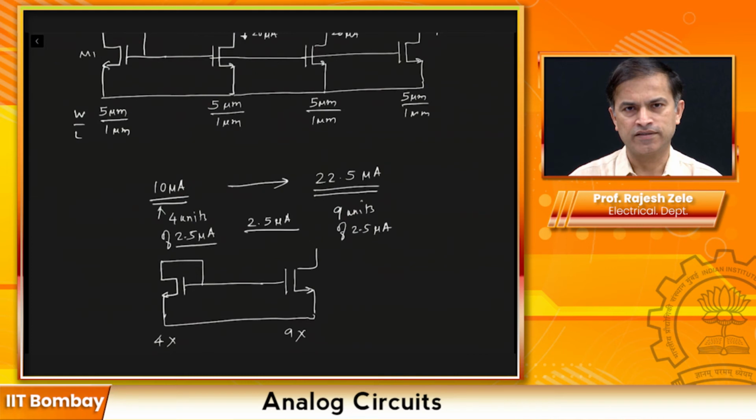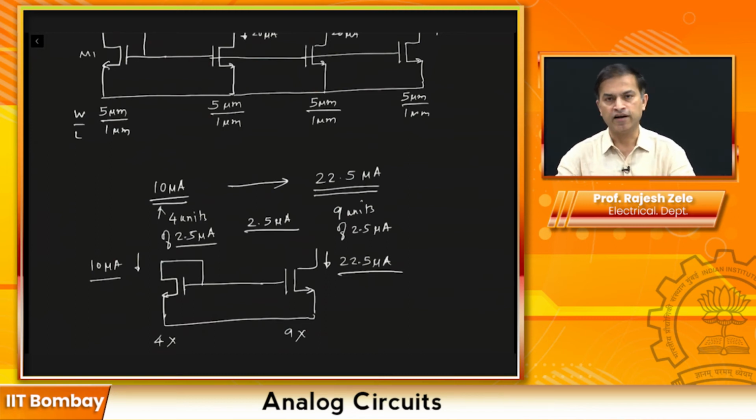So if there are 10 microamps of current flowing here, it would be exactly replicated to 22.5 microamps. This concept you really need to internalize if you are planning to be an analog designer and need to learn how to match transistors. This is like a 101 in matching in terms of unit cells.